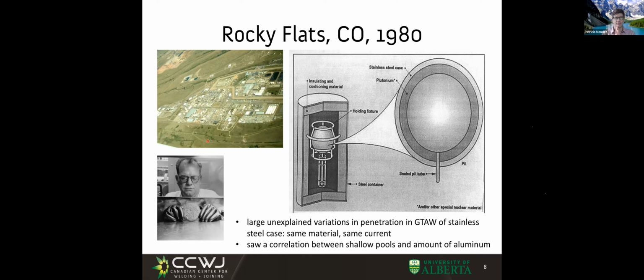And they saw that the same material with the same gas, with the same welding procedure, with the same torch, sometimes it would give you good penetration, sometimes horrible penetration. Same material, same procedure, same welding current, same everything. Wow. What do we do then?